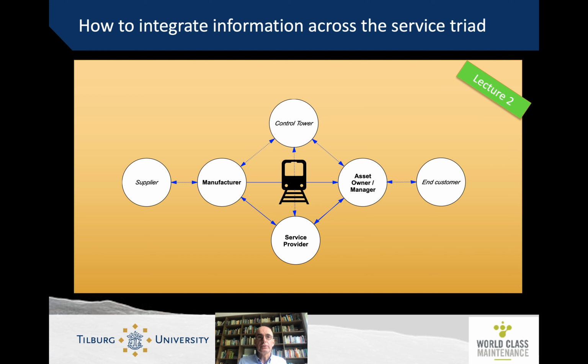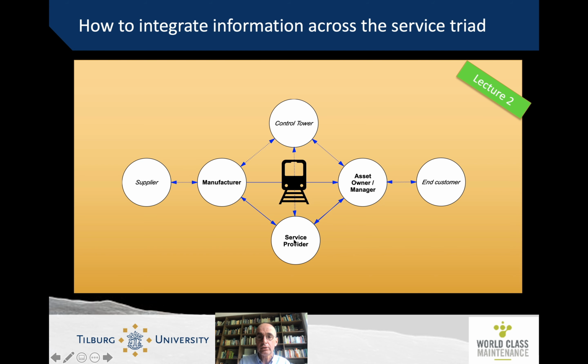And it is, of course, difficult because inherently all of our smart asset management moves across organizations. We've seen this picture several times. And that means that all of them have bits and pieces. The asset owner has much information about the equipment that they have, but the manufacturer has separate information, more detailed about how it can work.